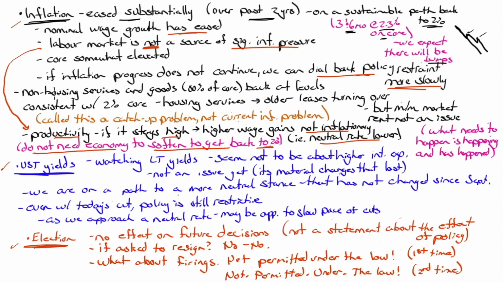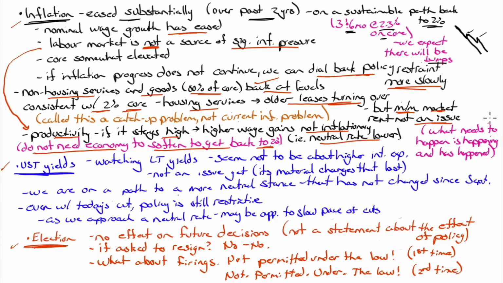Getting into the components of inflation, non-housing services and goods, 80% of core, back at levels consistent with 2% core. Job done on 80%, job done. Housing services, the rest of it. Older leases are turning over, but you have base effects year over year, but points to the month-over-month market rents, which the year over year is not catching.